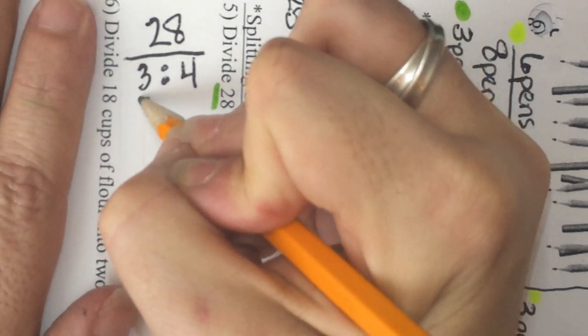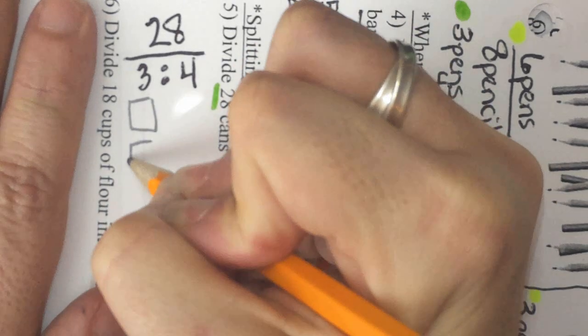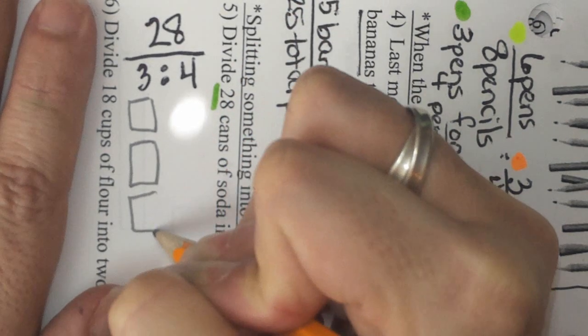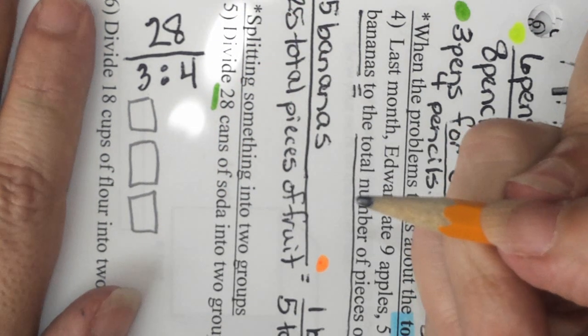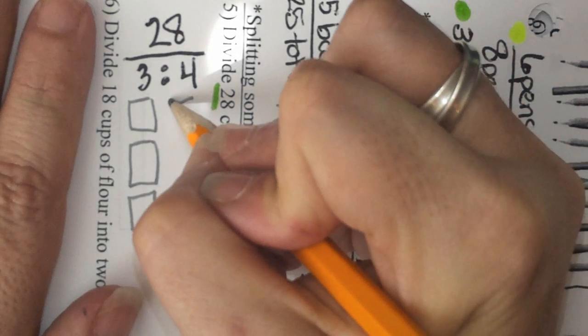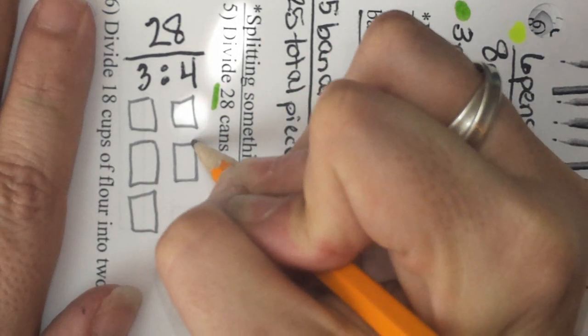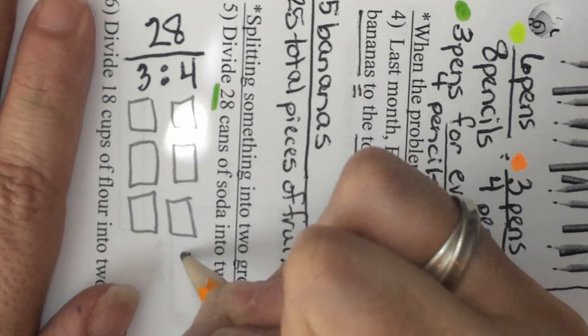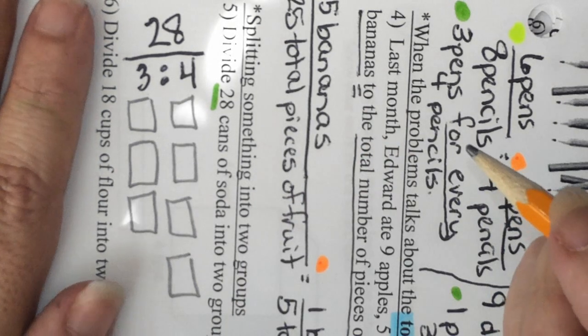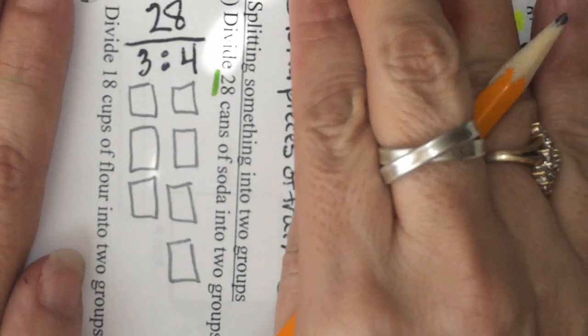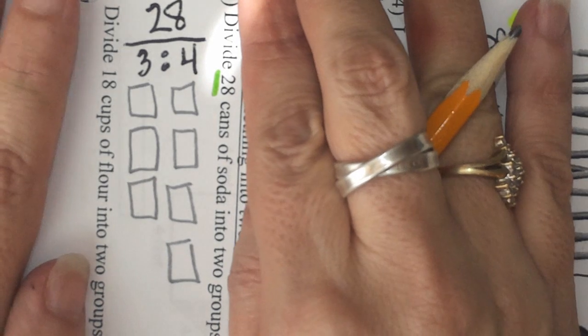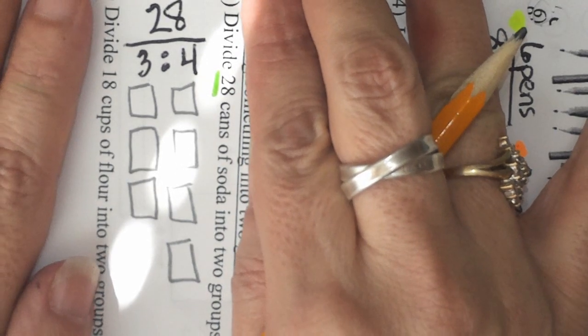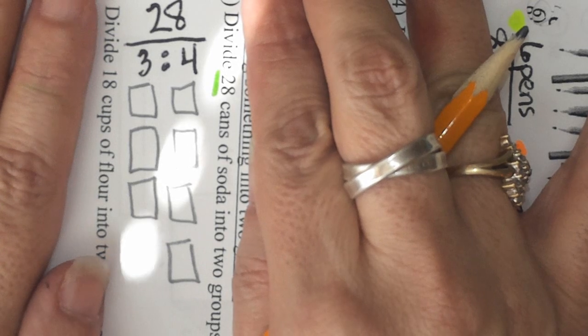I'm going to draw 3 boxes underneath the 3, and I'm going to draw 4 boxes under the 4. The reason is, it's almost like the table sitting there that I'm splitting it up by.